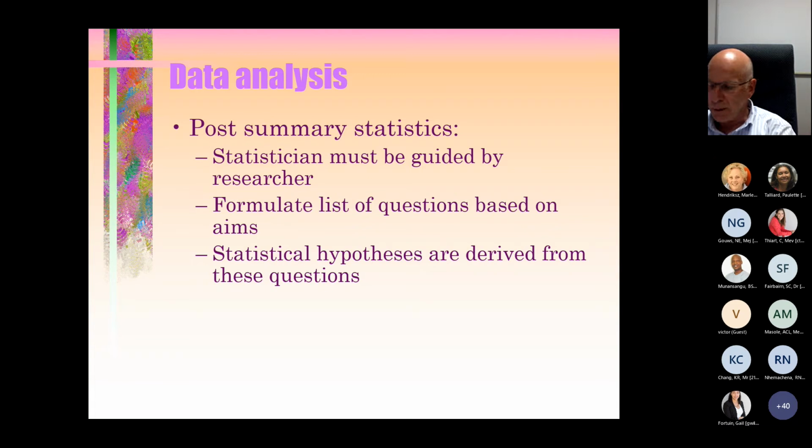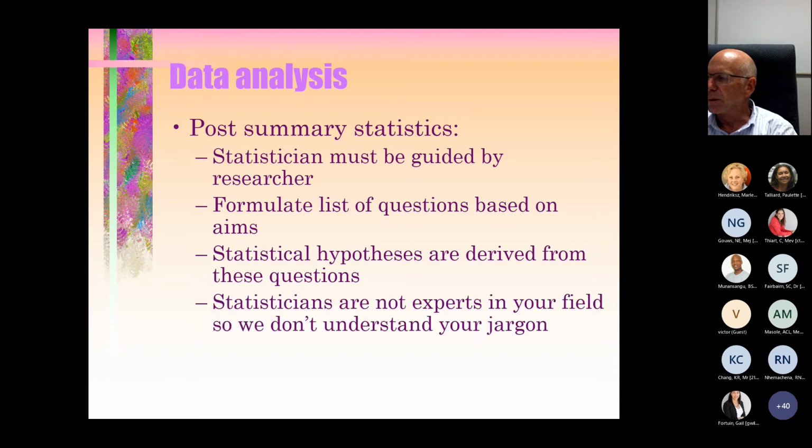But the one thing that is very important in this guidance to the statistician is that you must remember that we as statisticians are not experts in your field. So we don't understand the jargon of your research domain.